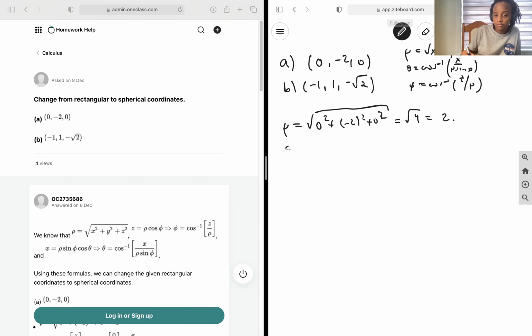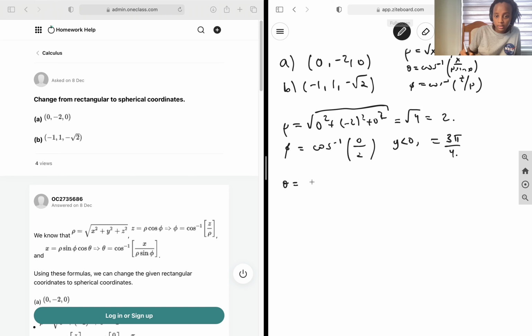Next, let's calculate phi, and that's going to be the inverse cos of our z, so 0 over rho, which is 2. Because of the fact that y is less than 0, which we have to take into account, we will get 3 pi over 4.